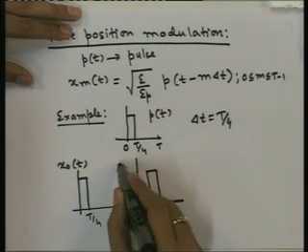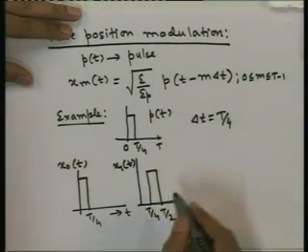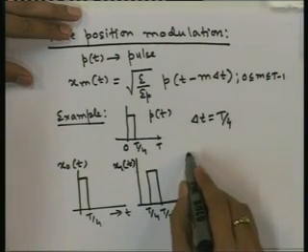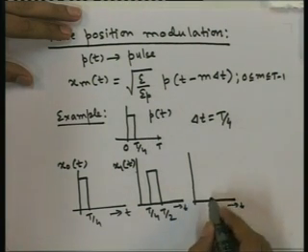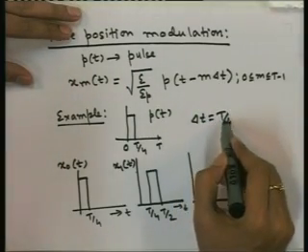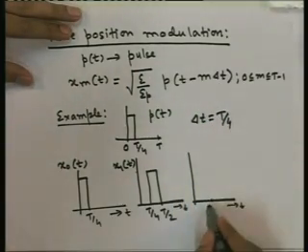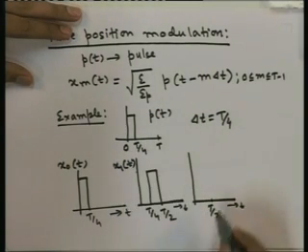This is our x1(t). For m equal to 1, we will transmit this. Then for m equal to 2, we will shift it by 2 times delta t, that is 2 times T by 4, that is T by 2. So this is T by 2, it will end at T by 4 plus T by 2, that is 3T by 4.